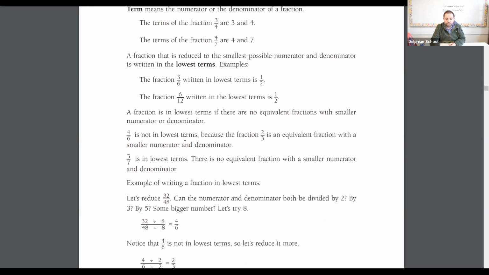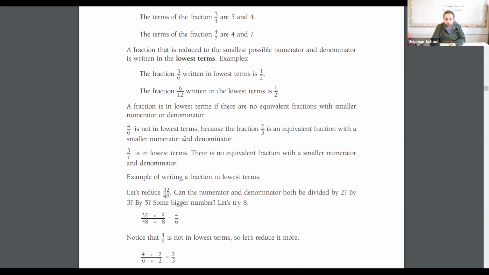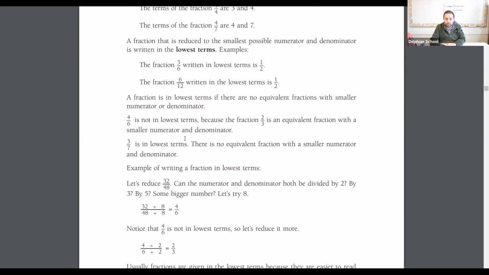A fraction is in lowest terms if there are no equivalent fractions with smaller numerator or denominator. 4/6 is not in lowest terms because the fraction 2/3 is an equivalent fraction with a smaller numerator and denominator.